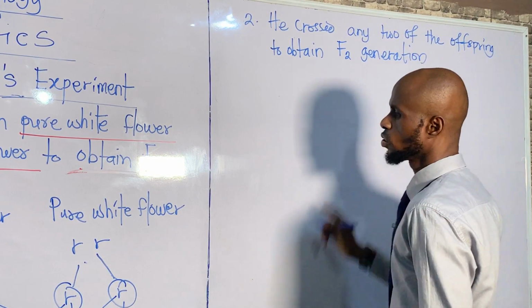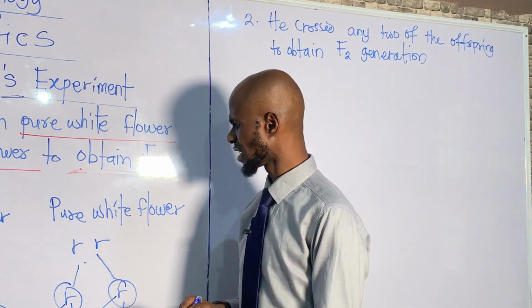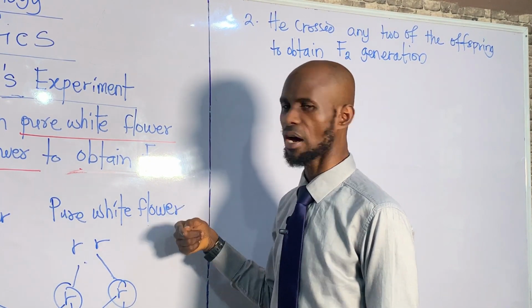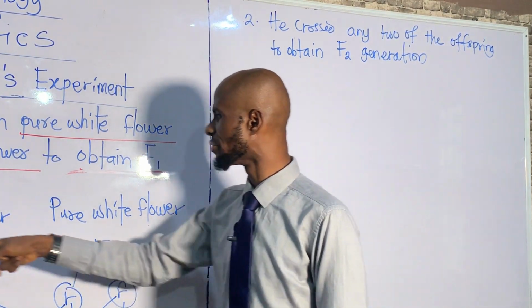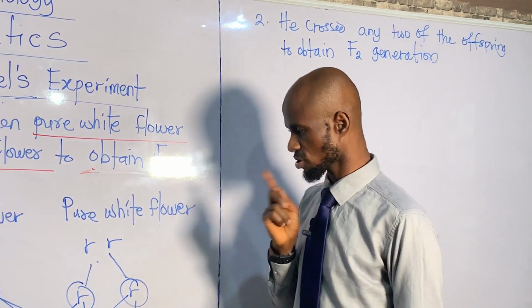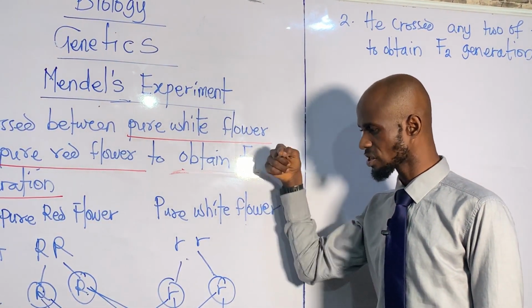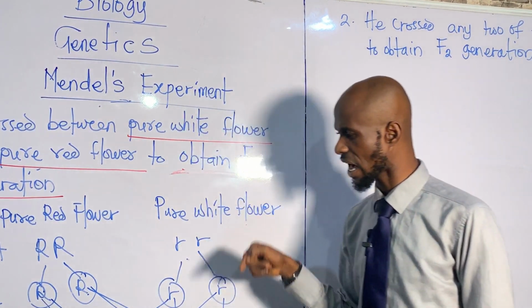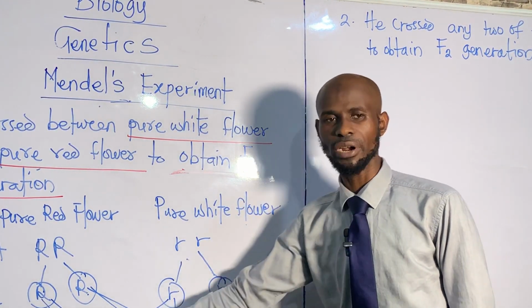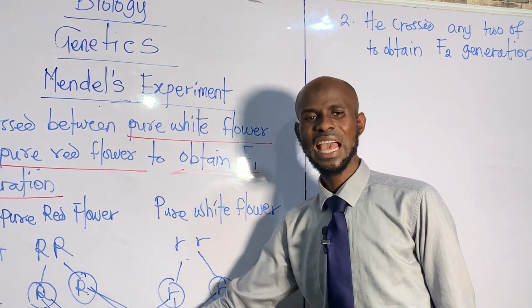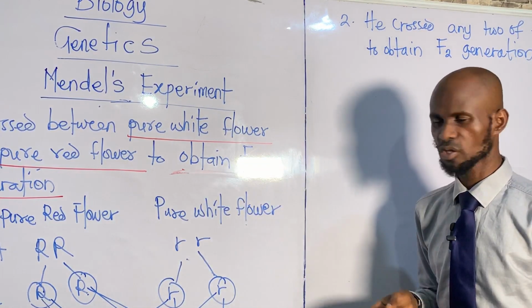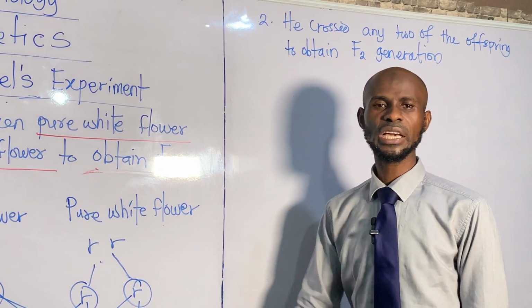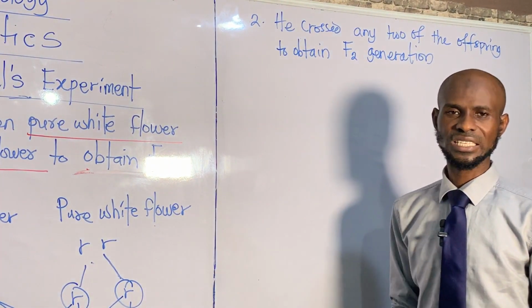Now, before we go, don't forget that the white flower has been masked, covered by the red. But Gregor Mendel was sure that the white was hiding. So he had to cross any two offsprings to bring out the white that is hiding.